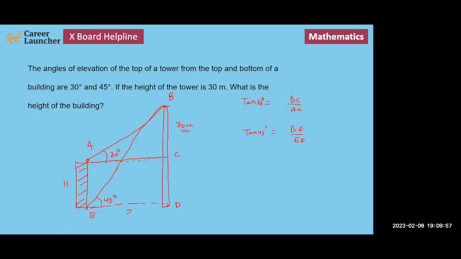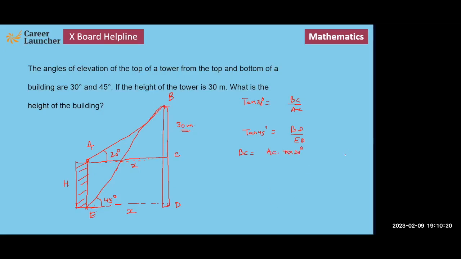So let me take this as X. And so I know the value of BC is equal to AC into tan 30.